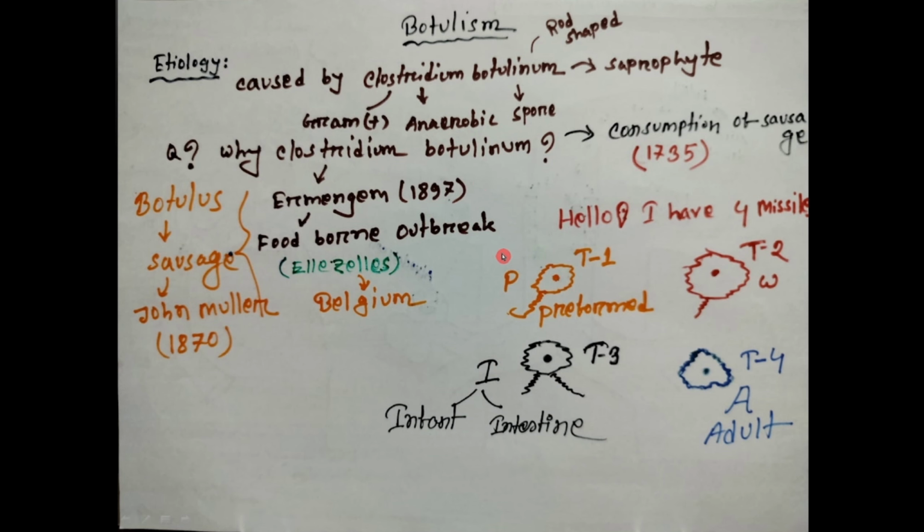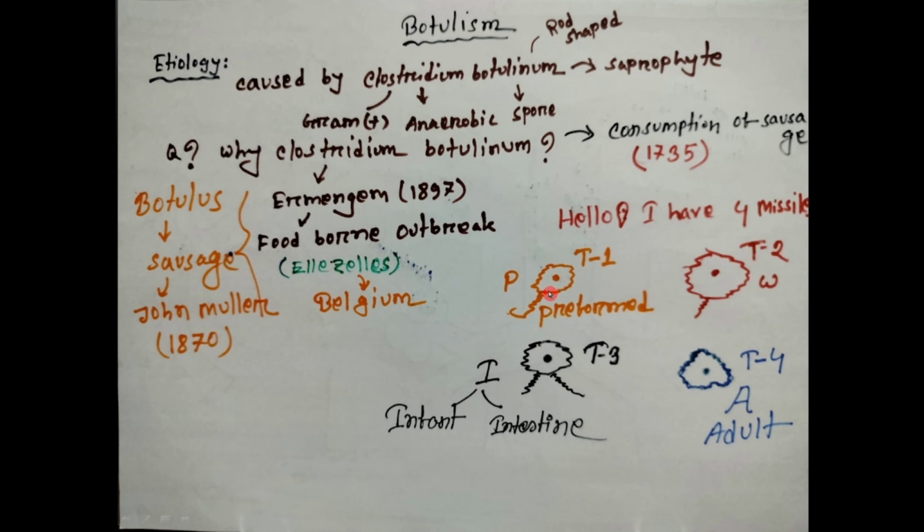Okay. Now let's talk about their forms. There are four forms. The first one is the preformed toxin, which is foodborne botulism. It results when there is ingestion of food containing the preformed toxin.